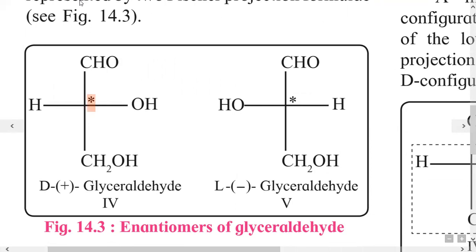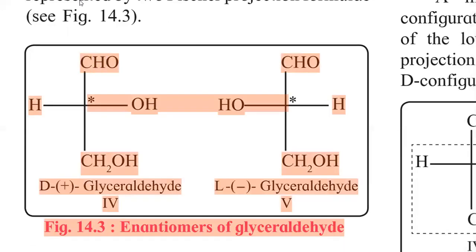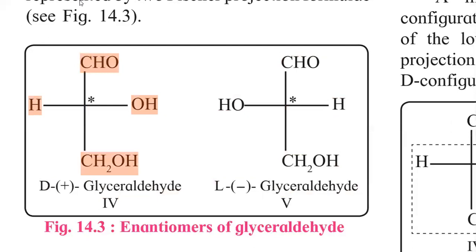Remember how to identify a Fischer projection formula: instead of a central carbon, a horizontal and a vertical line are represented in the formula. Then it is a Fischer projection formula. So here CHO is the aldehyde functional group, then CHOH and CH2OH.